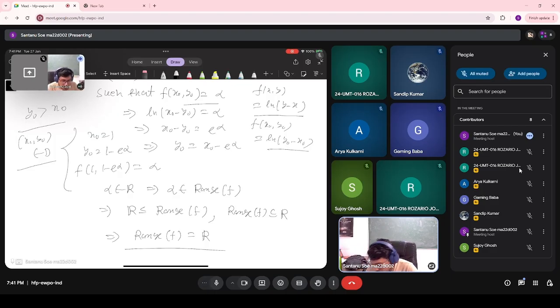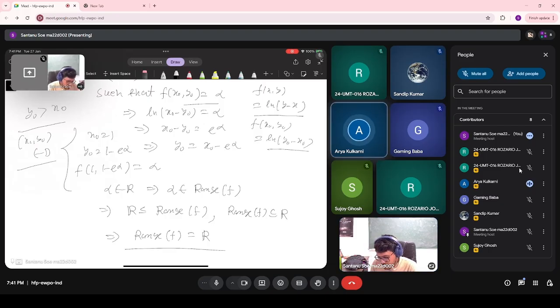I wrote plus, but it should have been x0 minus e to the power alpha, because y0 goes to the right side and e to the power alpha comes to the left side. So y0 will be x0 minus e to the power alpha. Now take any value of x0, such as 1, then y0 will be 1 minus e to the power alpha.